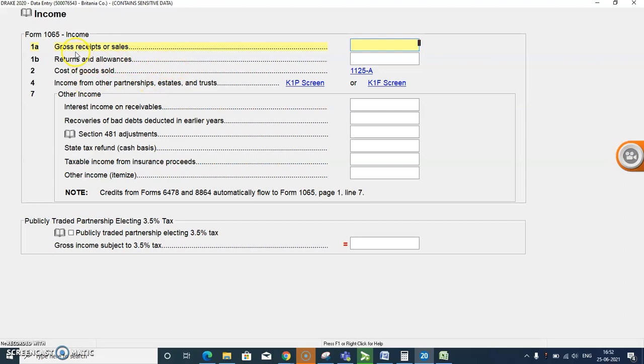So we have gross income and receipt, that is $100,000, and we have other income of $30,000.